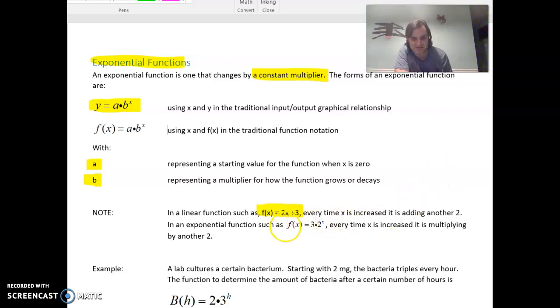Whereas the exponential, a variation of that, would be 3 times 2 raised to the x. So when we plug in 5, we don't say 5 times 2 in the exponential. We say 2 to the 5th, which is 2 times 2 times 2 times 2 times 2.